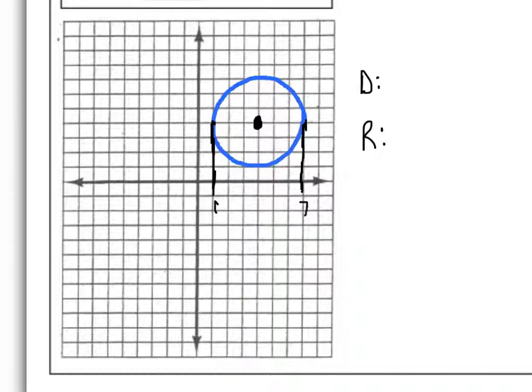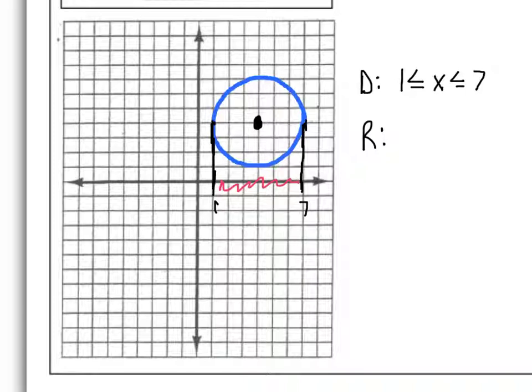So 1 and 7. And x can then be anything in between that. So, how would I write my domain? 1 is less than or equal to x, which is less than or equal to 7. Everybody agree? Everybody see how we got it?